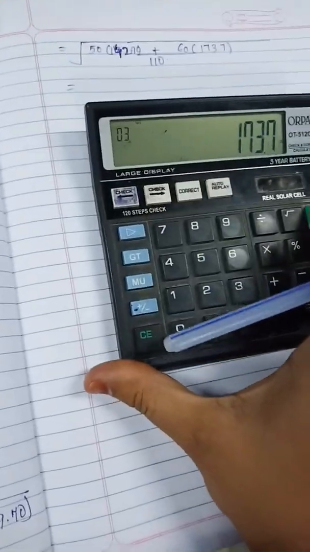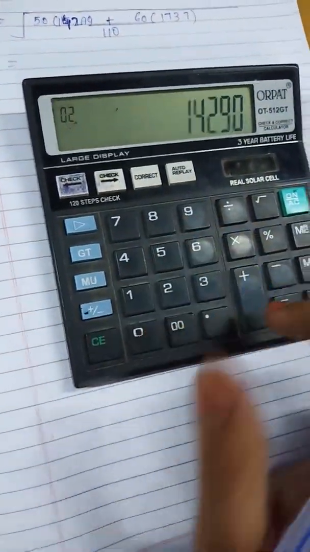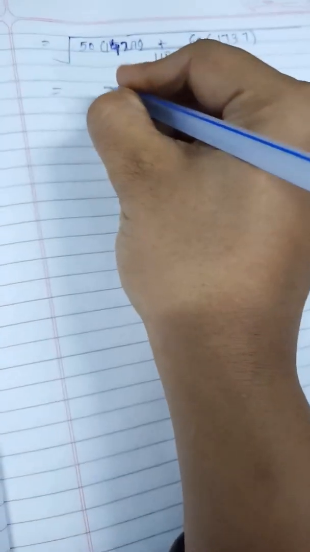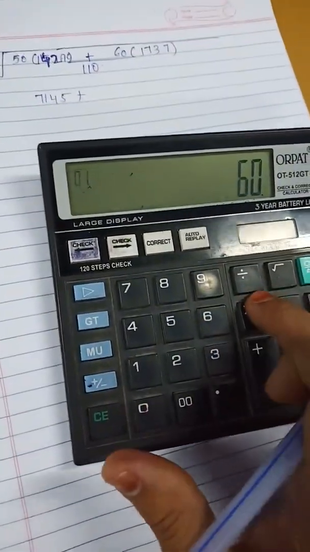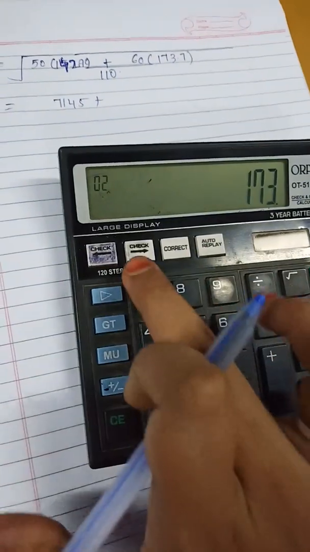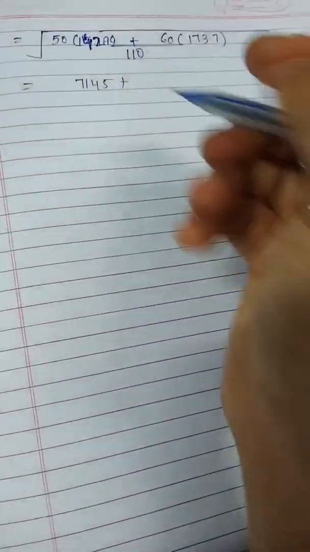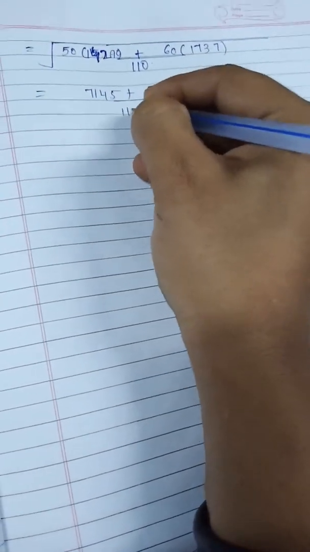Now 50 into 142.90, so that is 7145, plus 60 into 173.70, so that is 10422. 10,422 divided by 110 and square root.